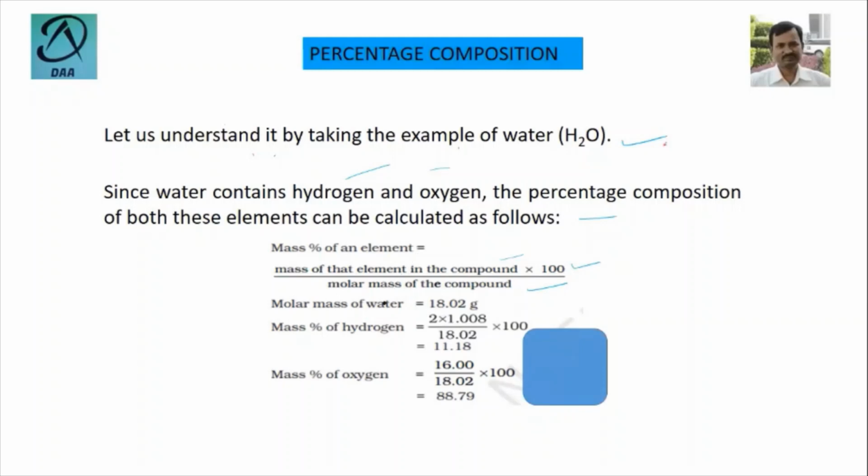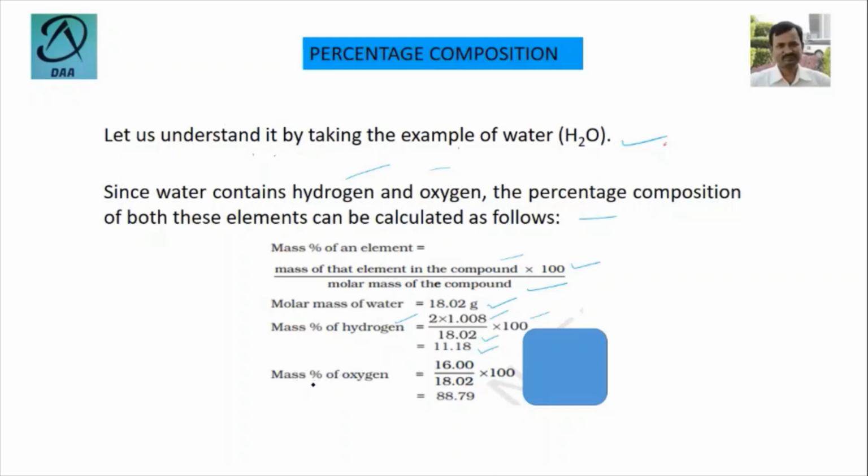The molar mass of water we know is 18.02 gram. The percent mass of hydrogen is 2 multiplied by 1.008 multiplied by 100, divided by 18.02. So the result will be 11.18.